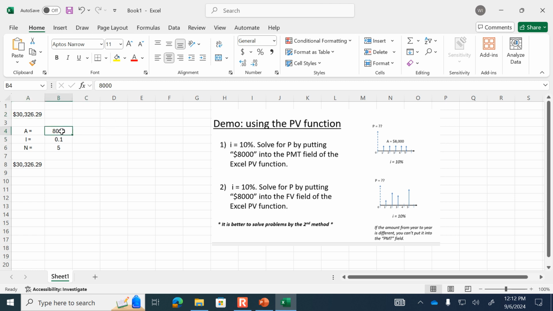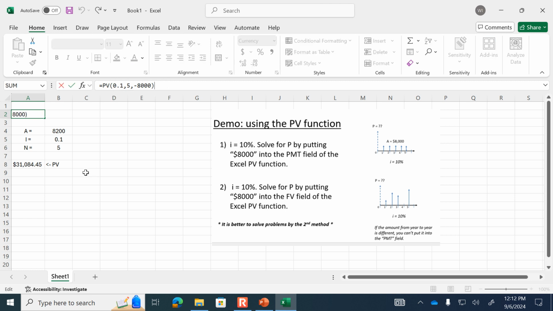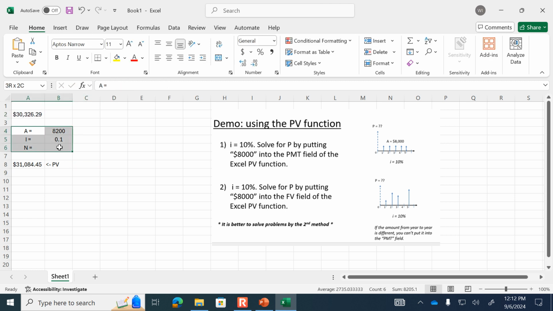Like, for example, if I got back an improved estimate on my future revenue and it was maybe $8,200, I could just type in 8,200 and then it automatically updates this present value. So most of the time what we'll do, rather than hard coding the numbers directly into the equation, is we'll define variables somewhere and then we'll refer to those variables as we type in the PV formula in Excel.